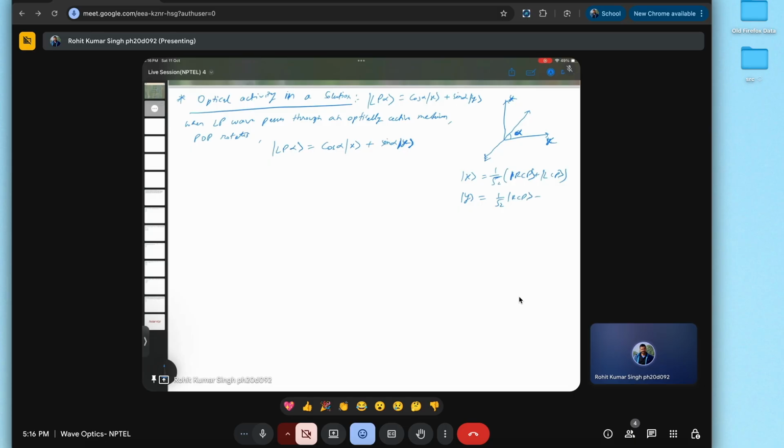So a wave polarized in x direction or in y direction is just a linear combination of right and left circularly polarized waves, right, given by this.